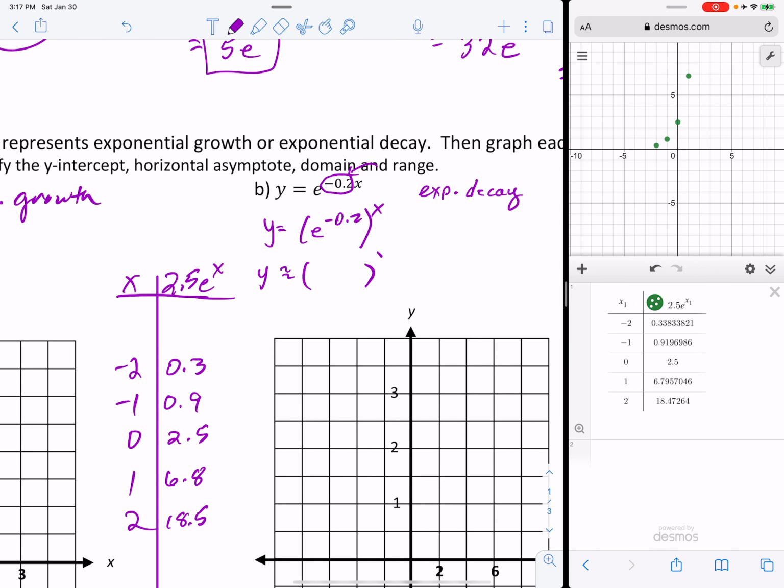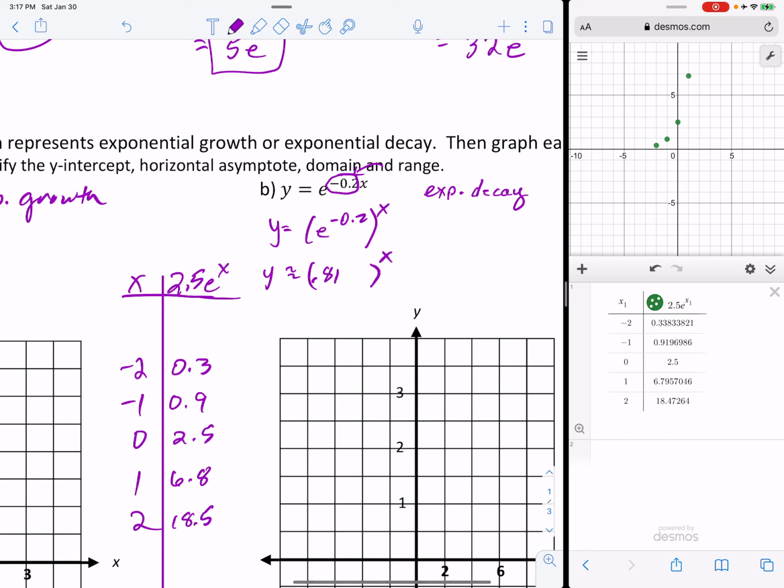If I approximate e to the negative 0.2, just on my calculator, it is about 0.819. So the base is less than 1, and that's how it works out to be exponential decay.